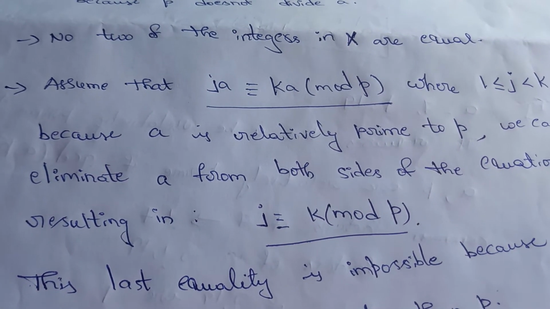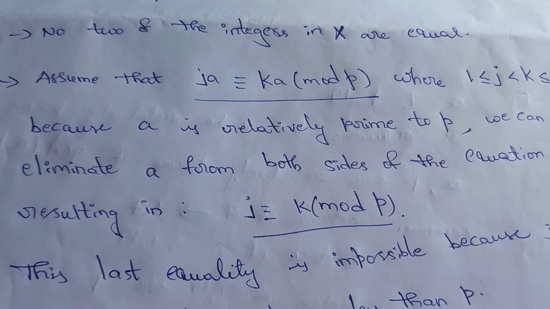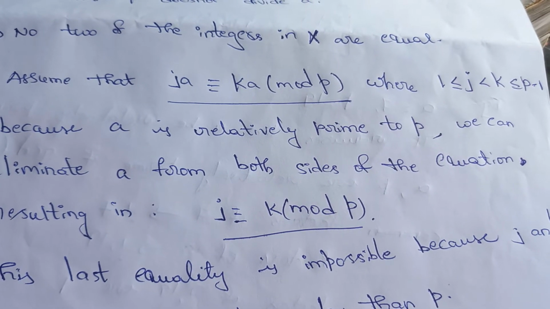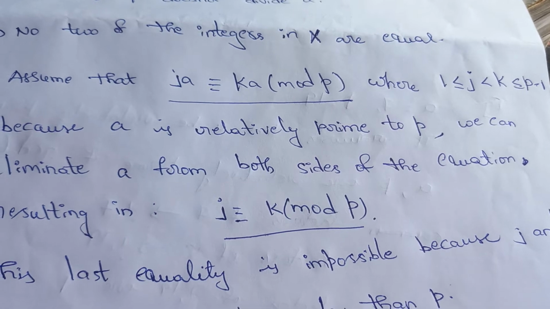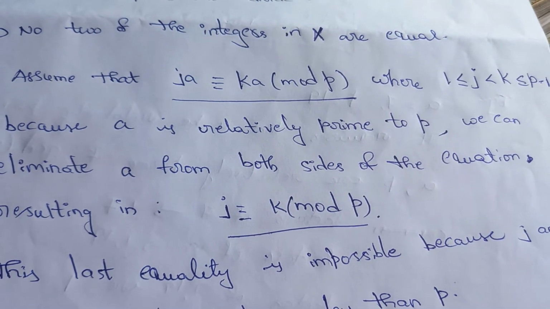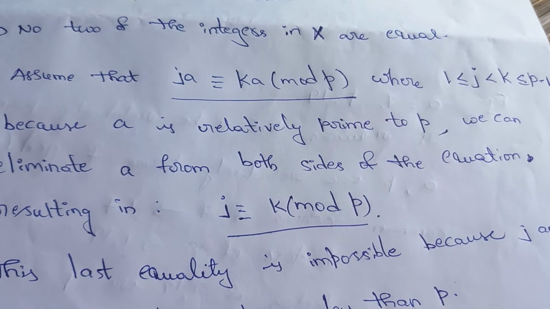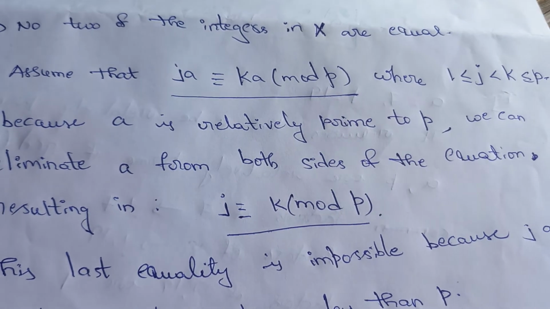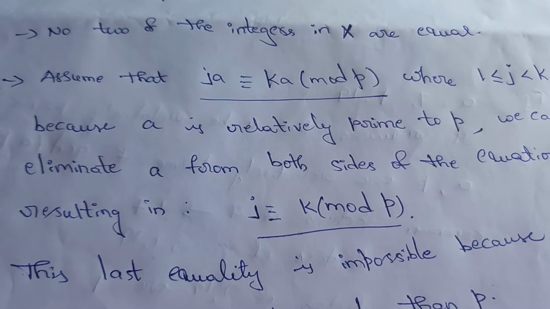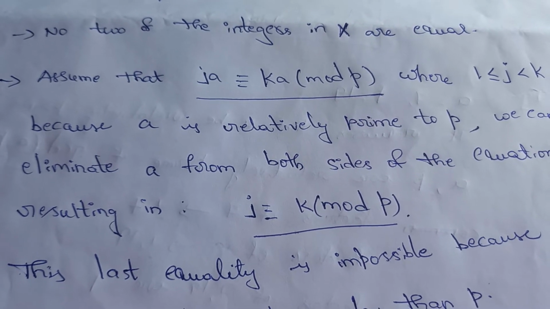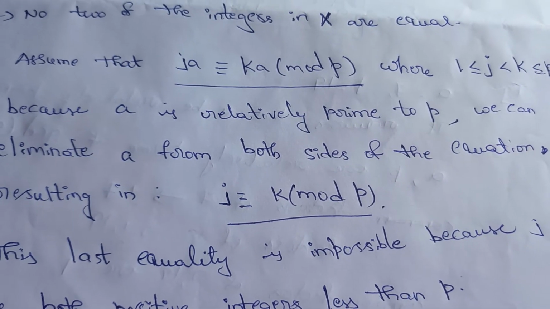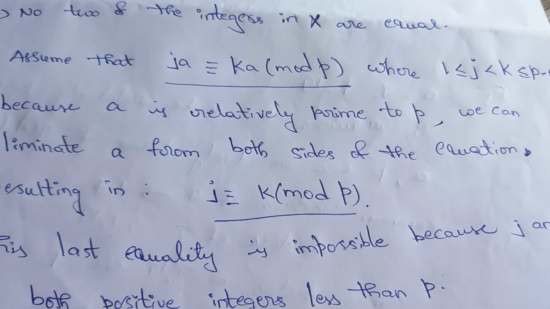Assume that j is equivalent to k mod p, where 1 is less than or equal to j, less than k, less than or equal to p minus 1.